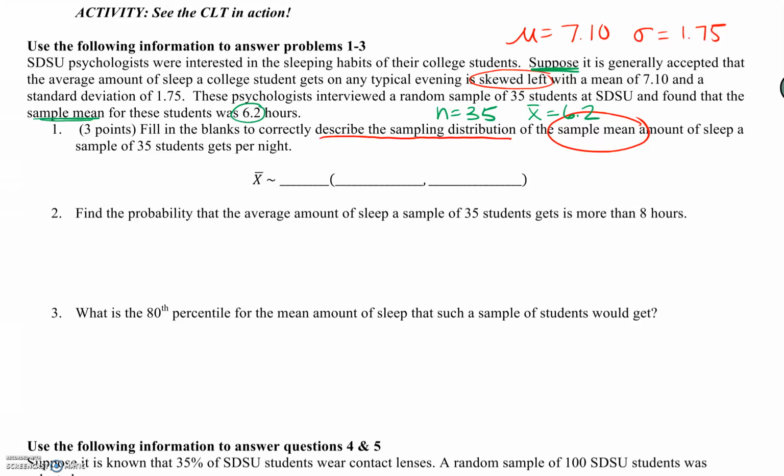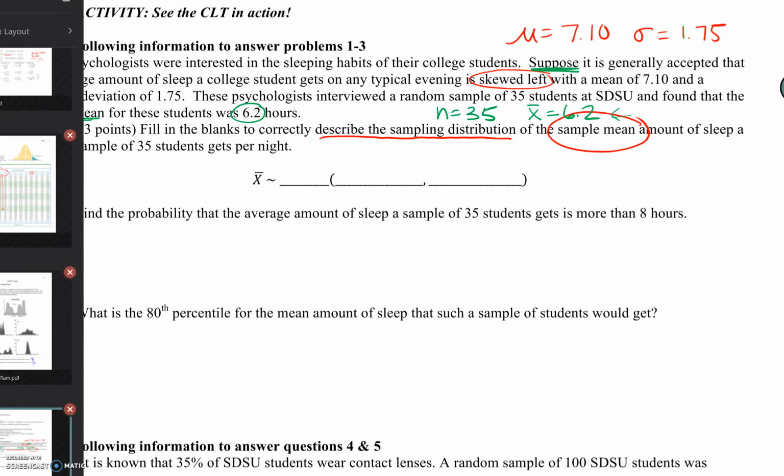Our sample mean doesn't have anything to do with the actual distribution of the sample means. This is exactly like what we saw in class with the dice, right? Every person had their own sample mean, but here what we're asking for in number 1 is to describe the distribution of everyone's sample means. So this one example is trash. It doesn't mean anything to us.